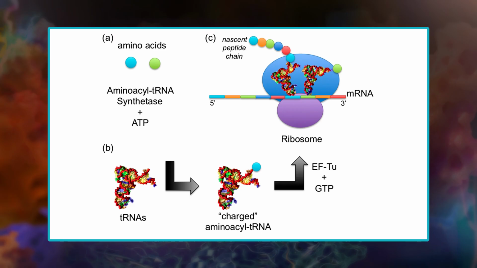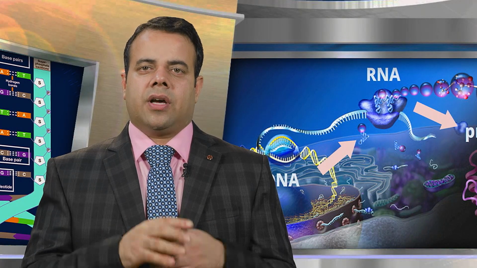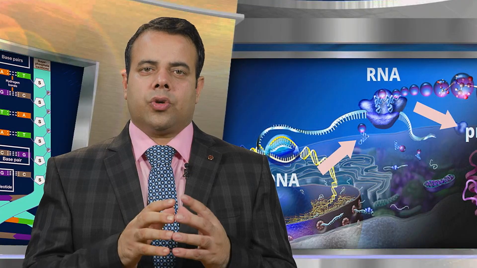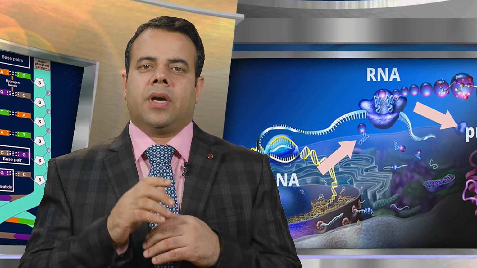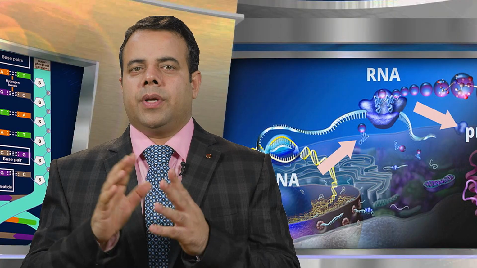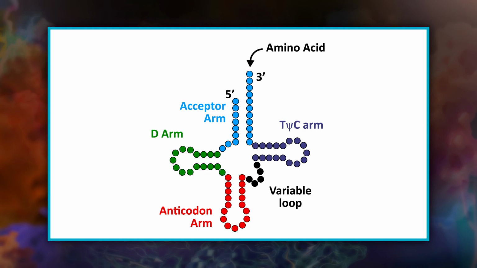a high energy bond. Aminoacyl tRNA synthetase reads the anticodon and also recognizes the D arm located downstream from the 5' end of the tRNA molecule. The D arm is made of a double-stranded stem region formed by internal base pairing as well as a loop structure of unpaired nucleotides.